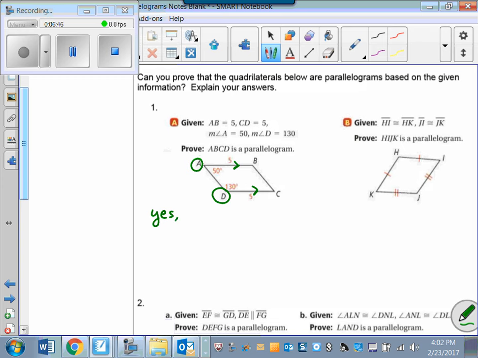Yes, ABCD is a parallelogram because there's a theorem that says if one pair of opposite sides is both parallel and congruent, then I know the quadrilateral is a parallelogram.